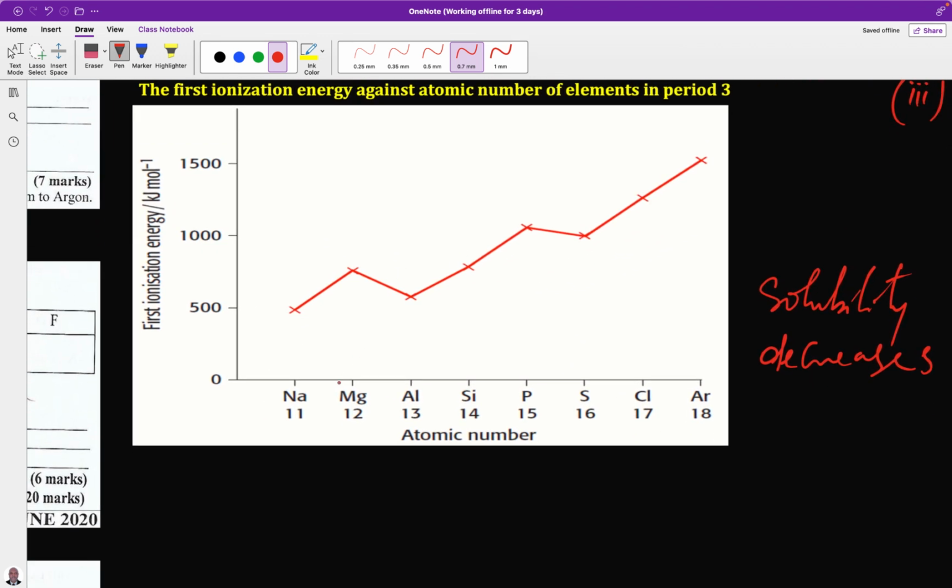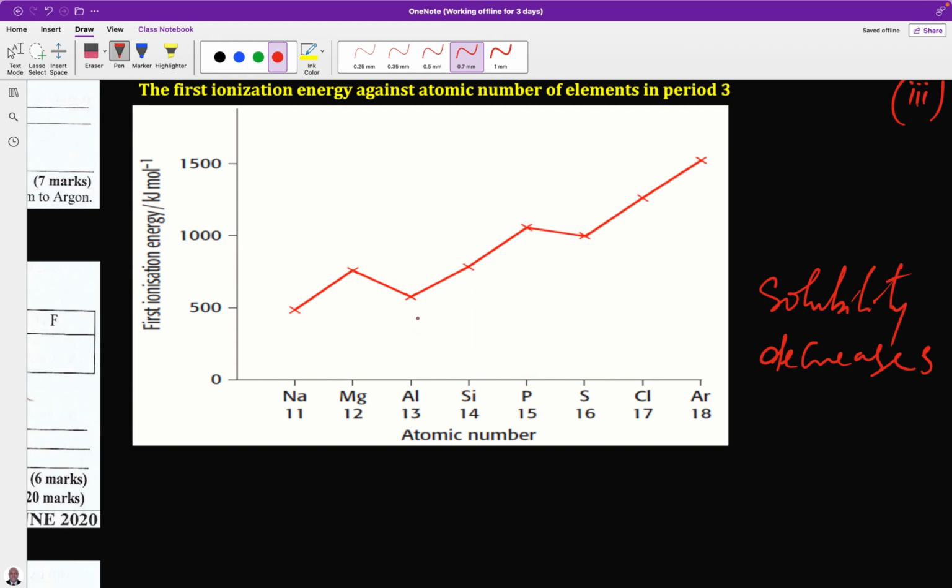If you look from sodium to argon of period 3 of the periodic table, the general trend is that there is a consistent increase as you move across the period. The reason is that there is an increase in the nuclear charge, resulting from increasing number of protons.